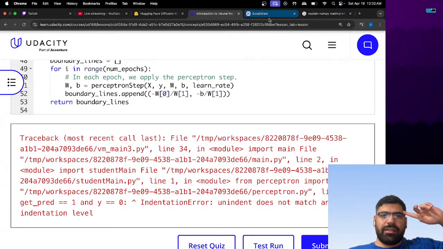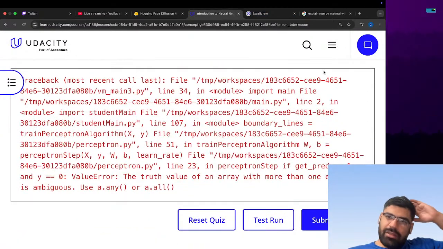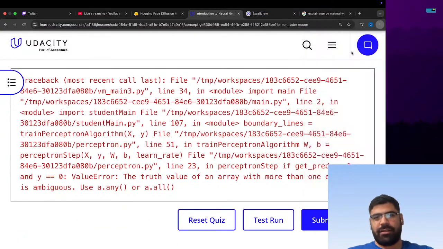But actually, let's ask AI for that one thing. What will it say?